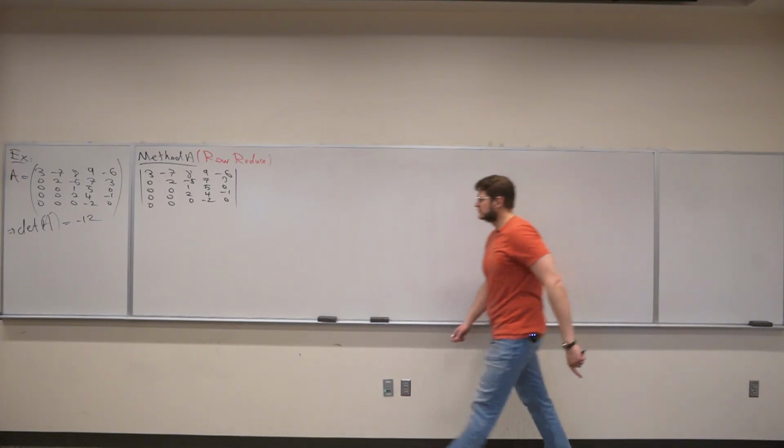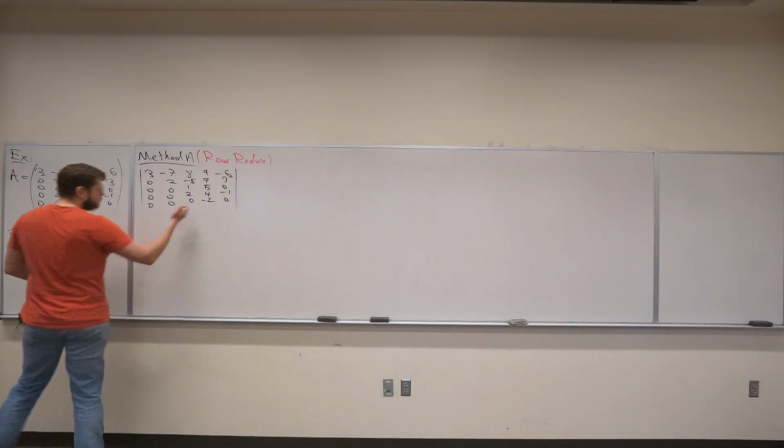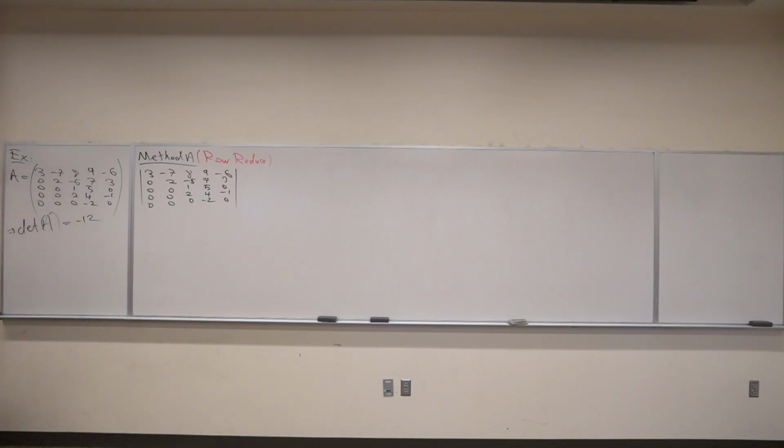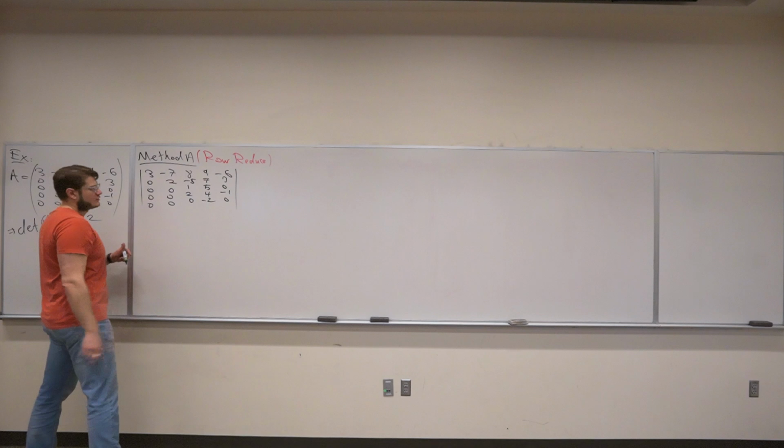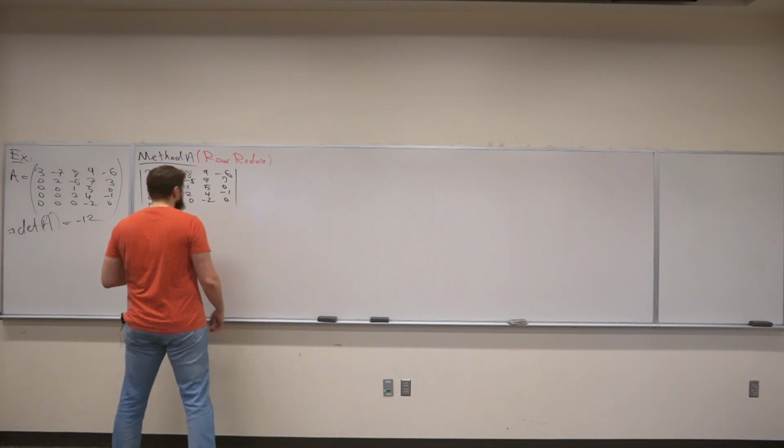So I take this. And remember, we could also scale. And when you scale, you need to change the determinant appropriately. So when you take this 2 out, or -2 out, you have this.